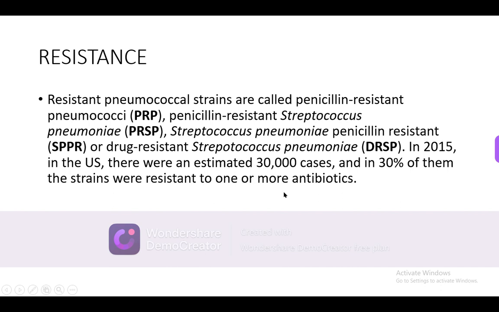It means that they are using a combination, the macrolides with amoxicillin clavulanic acid, or moxifloxacin with a third generation cephalosporin, ceftriaxone for example, etc.